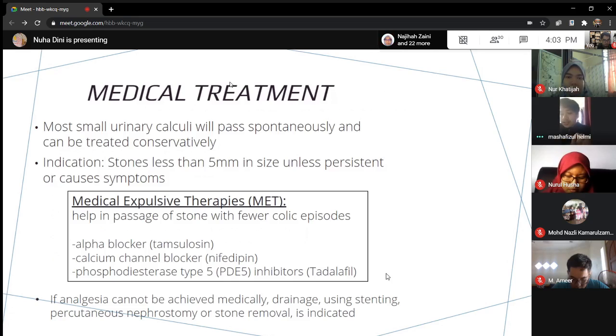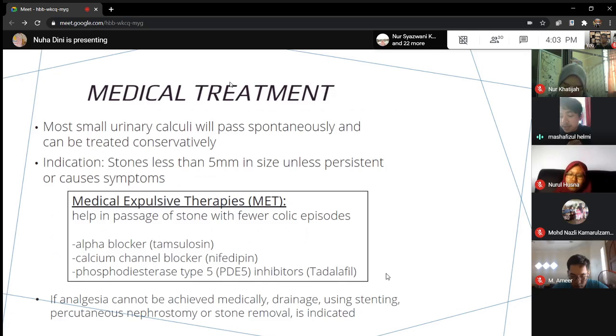So the medical treatment, if it is indicated, if active stone removal is not indicated for this kind of patient. Most small urinary calculi will pass spontaneously and can be treated conservatively. So the indication is a stone with the size of less than 5 mm, unless it causes persistent symptoms.